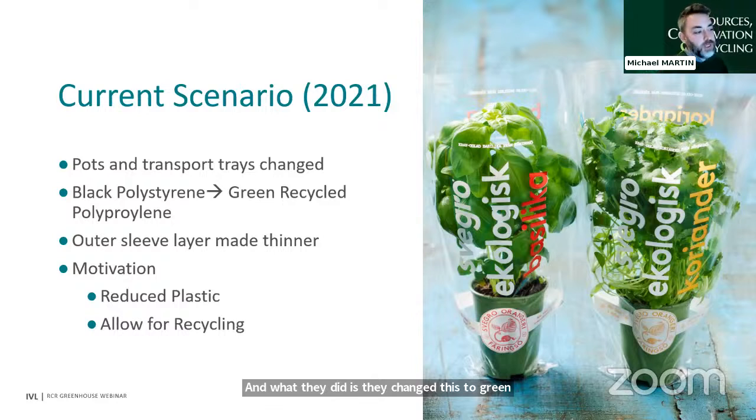The motivation for this was basically to reduce the amount of plastic and to allow for recycling, because the recycling systems here in Sweden can't take black plastic. It needs to be anything other than black. So they changed the color to green so that you can allow for recycling. And the outer sleeves, they also made a bit thinner, so it saved quite a lot of plastic.